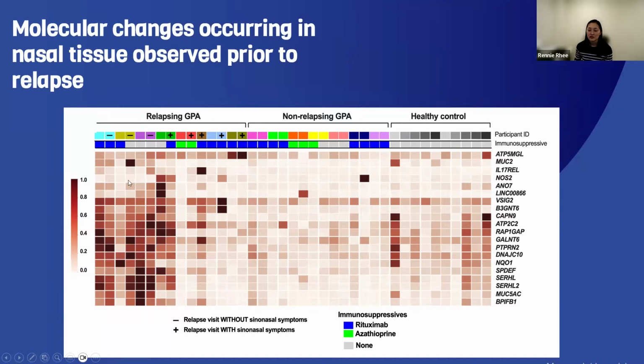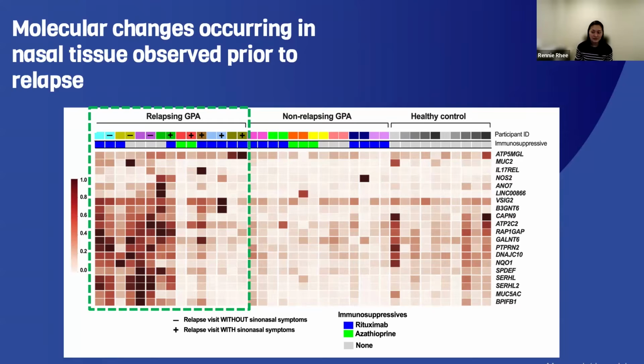When we looked at the relapsing versus the non-relapsing patients, we found that certain markers were increased, right? The darker boxes mean there's an increased level of that marker in the patients who relapsed compared to those who didn't. And a lot of these markers were present even at that pre-relapse event, many months before the onset of relapse.